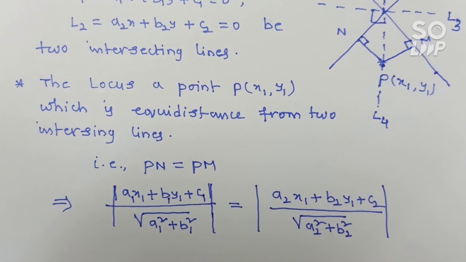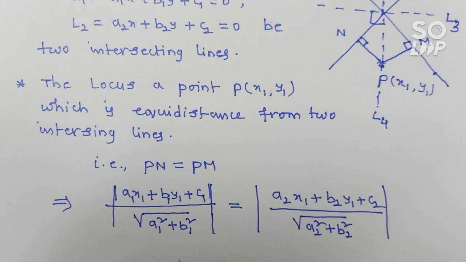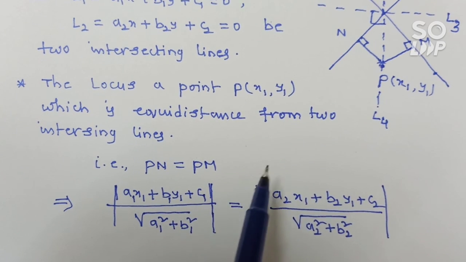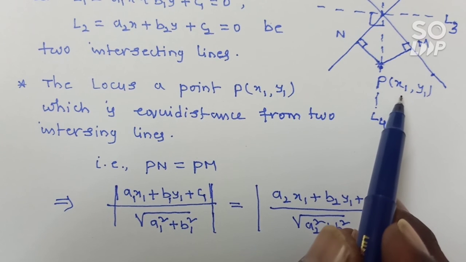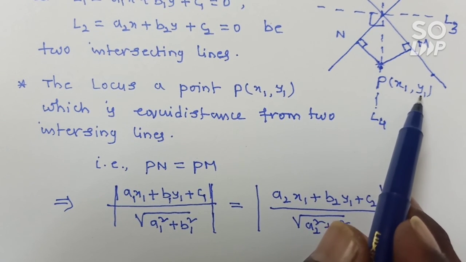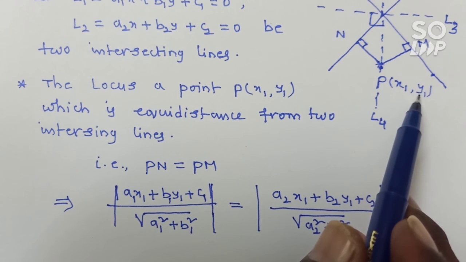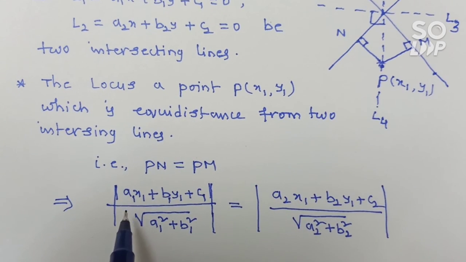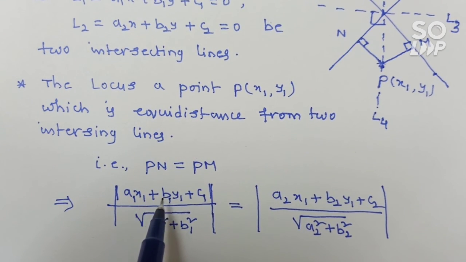This one is from the definition. Now write the locus of the point P. Here P coordinates are x1, y1. Therefore, the locus of P means replacing x1 by x and y1 by y.